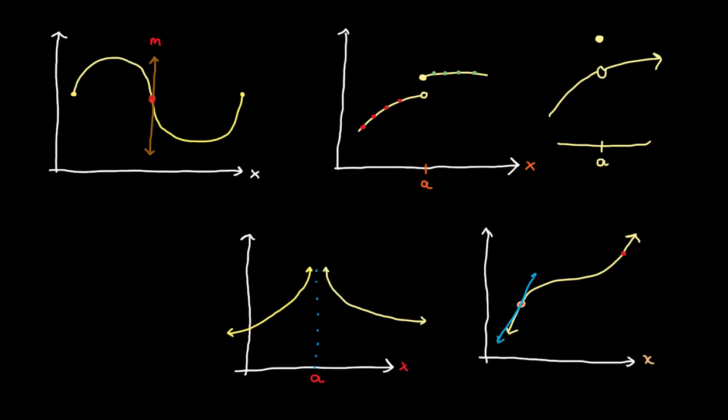So if I was able to come up with the number for the slope of that tangent, then that would be the derivative or the slope of the function. Same thing here. Tangent, slope of the tangent gives me the instantaneous rate of change. It gives me the slope. It gives me the derivative at a particular x value.